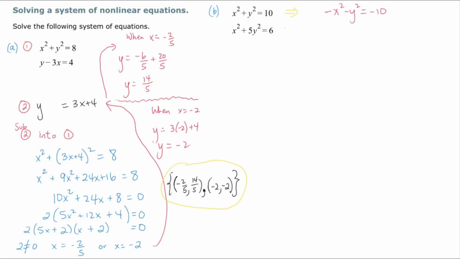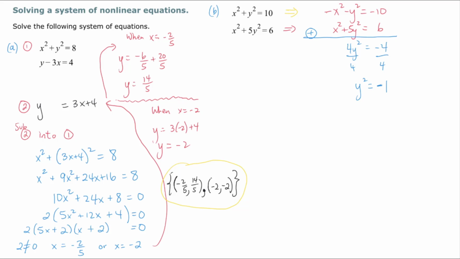I'm simply going to rewrite the second equation, x squared plus 5y squared is equal to 6, and now we're ready to do the addition method to our new equations 1 and 2. We get 4y squared is equal to negative 4, and we divide both sides by 4. We get y squared is equal to negative 1.